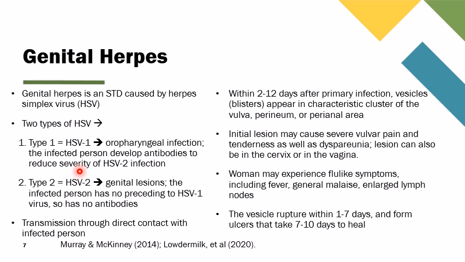Women will experience flu-like symptoms, including fever, general malaise, and enlarged lymph nodes, and the vesicles will rupture in 1 to 7 days, and form ulcers that will take 7 to 10 days to heal.